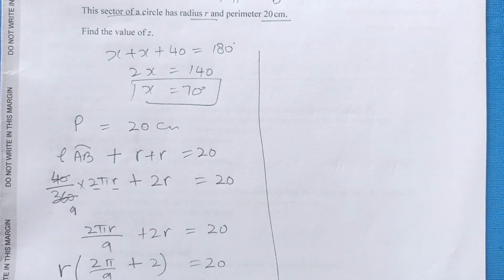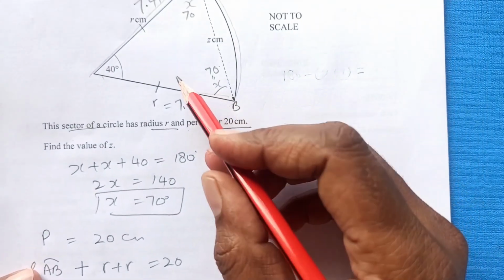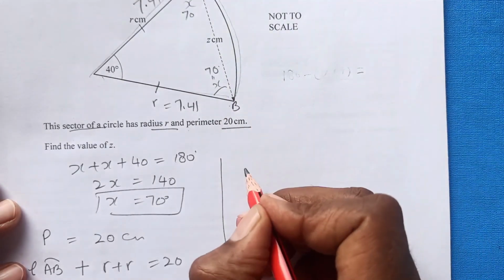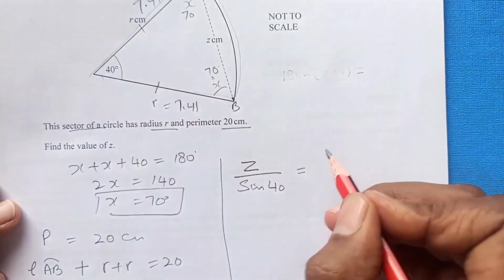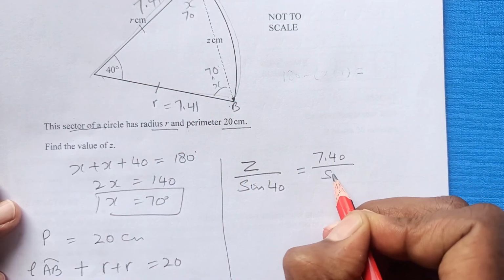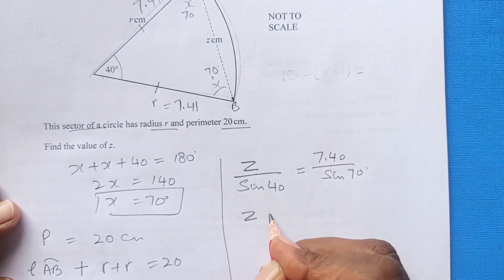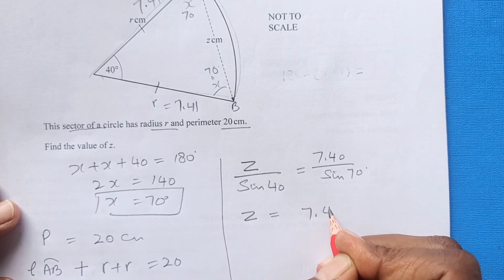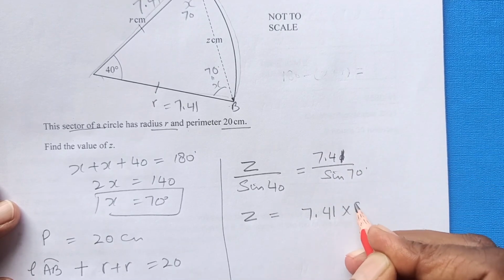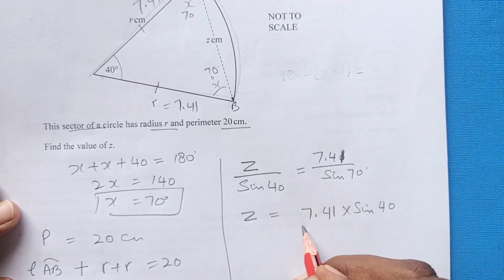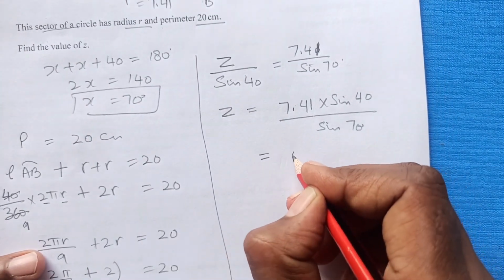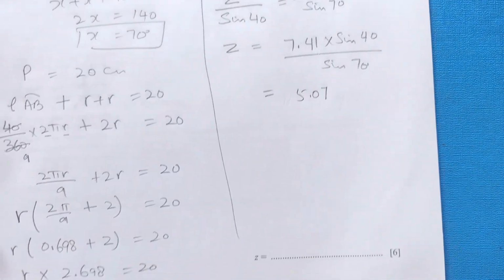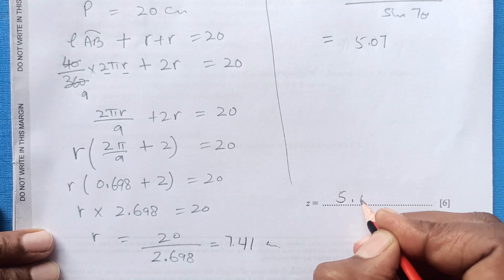We can easily use the sine formula here: z over sine 40 is equal to 7.41 over sine 70. So z is equal to 7.41 times sine 40 over sine 70. When you calculate this, it comes to 5.07. So this will be your final answer, 5.07.